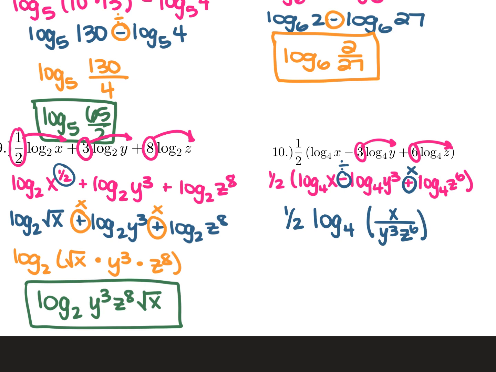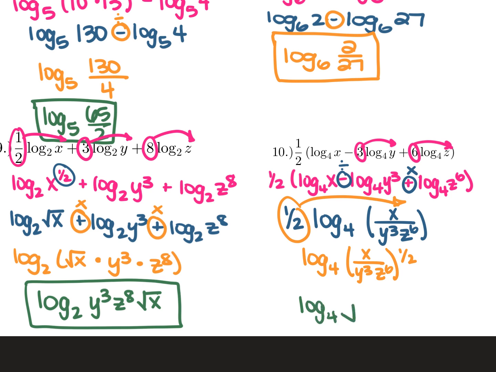From here, that 1/2 has to become the power on the parentheses. So you're going to have log 4 of x over y cubed z to the 6th, all raised to the 1/2 power. Represent that 1/2 power using the square root, and you are left with log 4 of the square root of x over y cubed z to the 6th power.